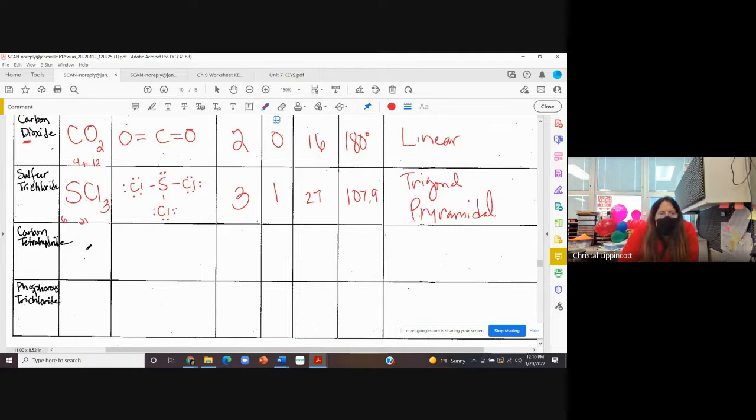All right, carbon tetrachloride. So carbon is here, chlorine, or hydrogen, sorry. I don't understand why everything goes away when I do that.